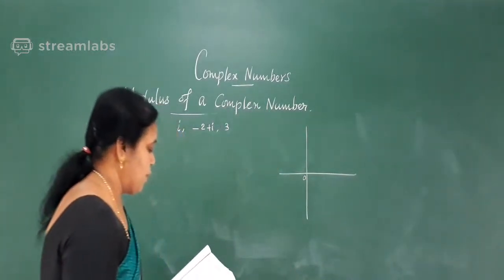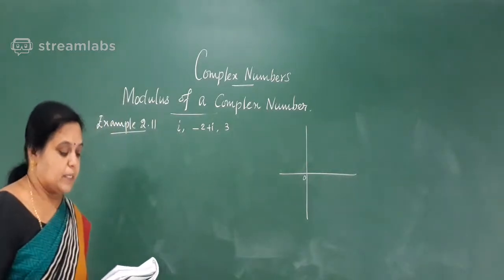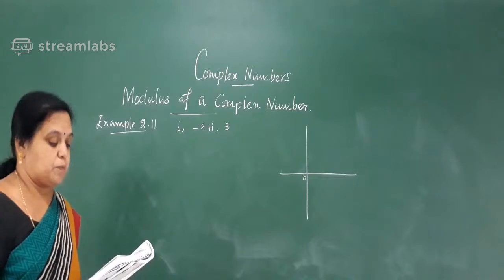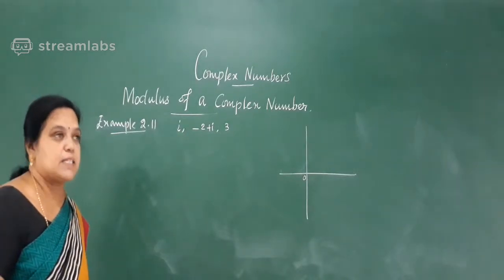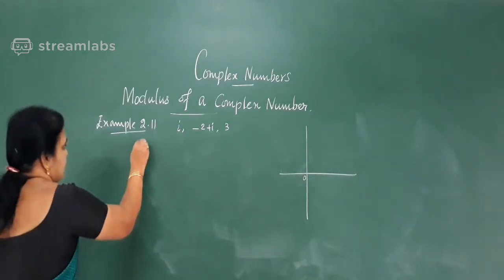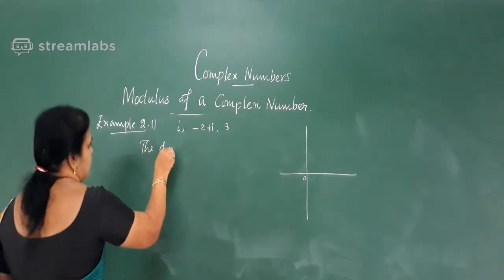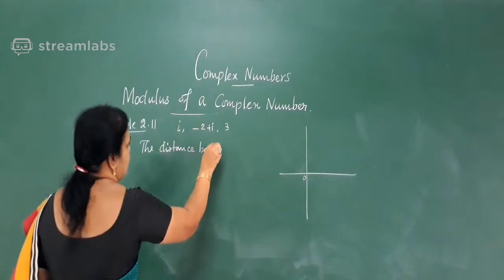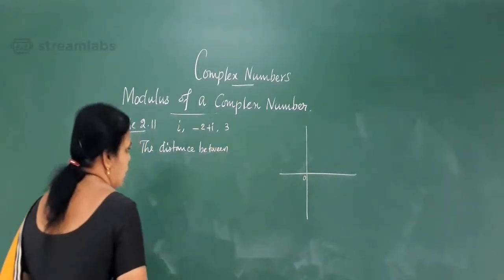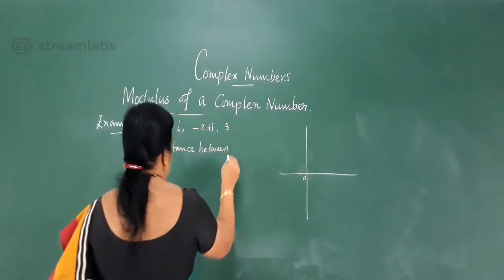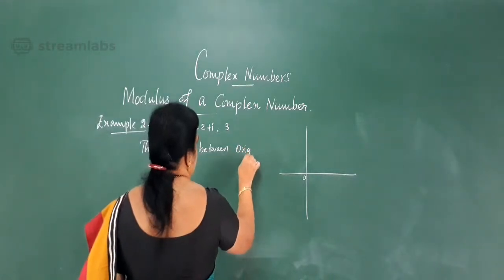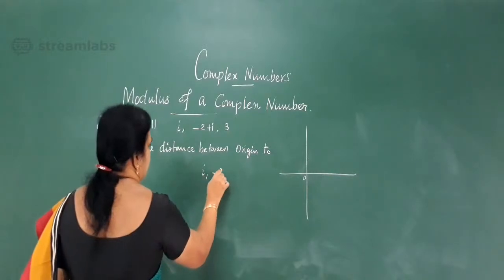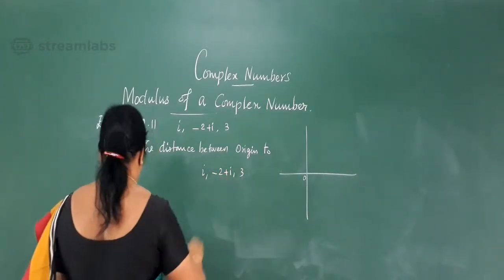Which one of the points i, minus 2 plus i and 3 is the farthest from the origin? We have to find the distance between the origin and each point.